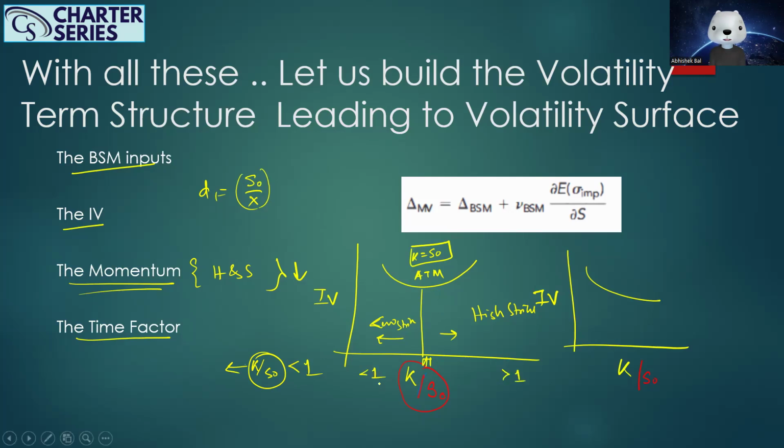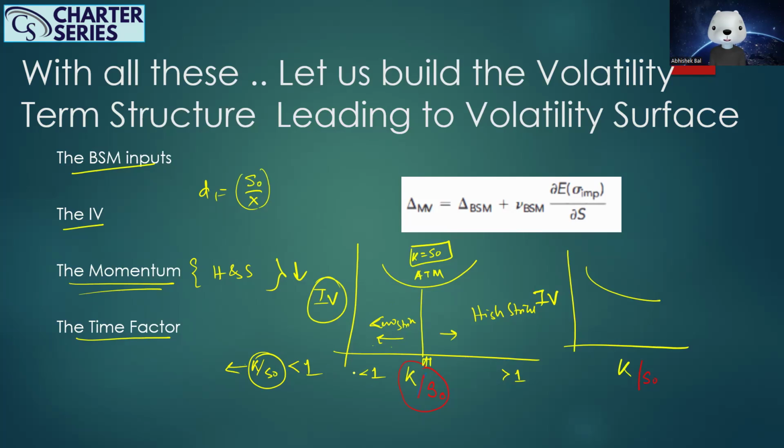There are only 2-3 ways. One is that S0 remains constant and K gradually decreases. So obviously, as we move to the left of the ATM, this factor is going to gradually go down, which tells us that the implied volatility is inversely proportional to the lower strike price.